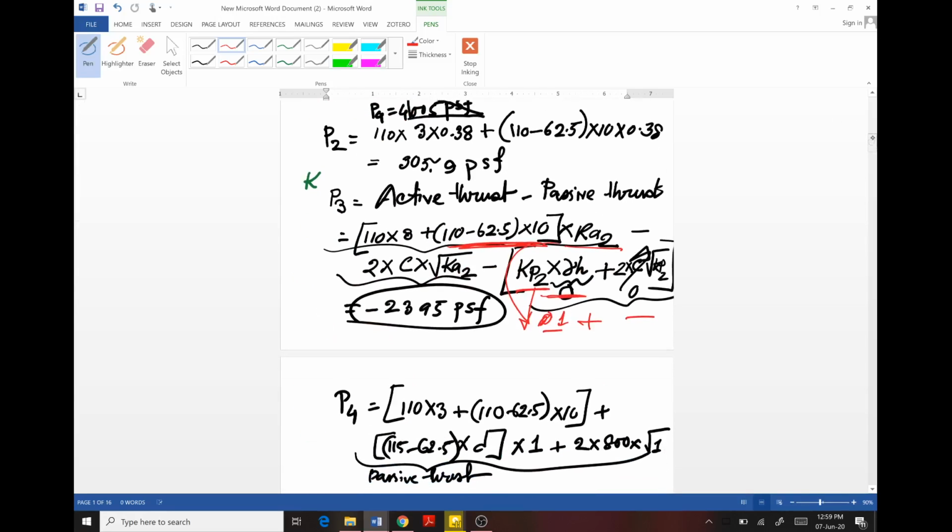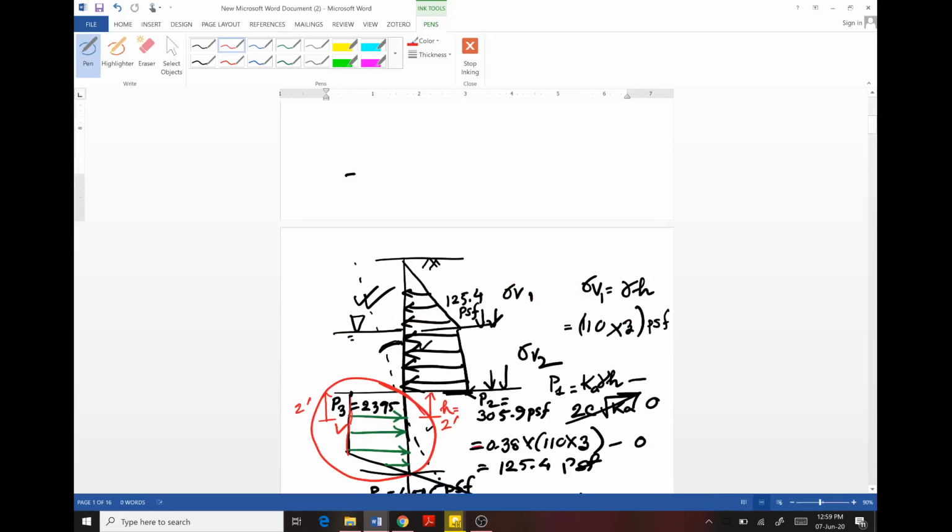So this value will be constant up to this point.